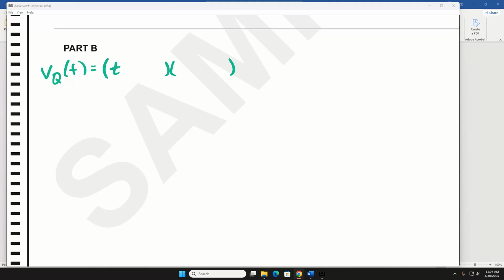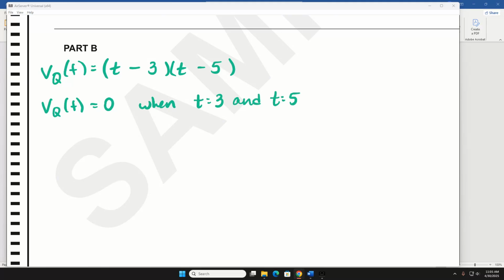So we're going to need to find when this velocity is 0 by factoring it real quick. So we have 2 times when the velocity is 0, which means those are the 2 times that the particle could be changing direction, either at 3 or at 5.